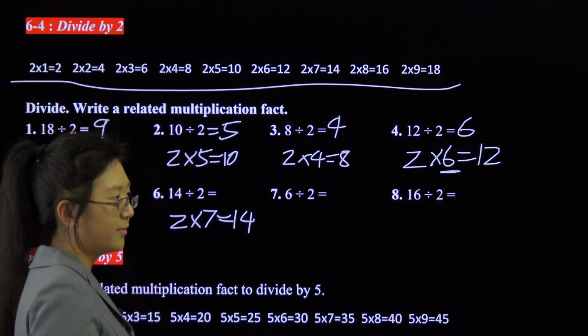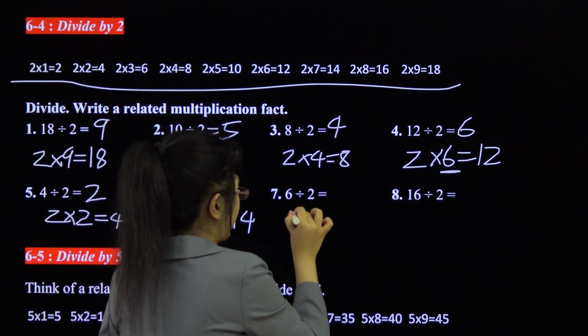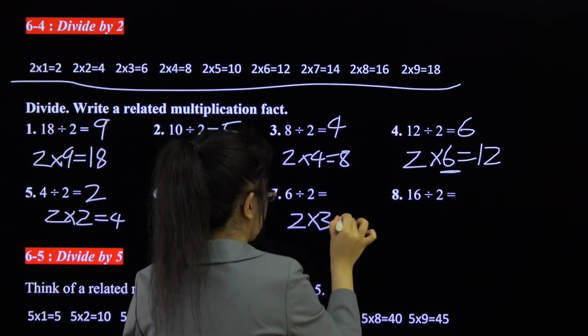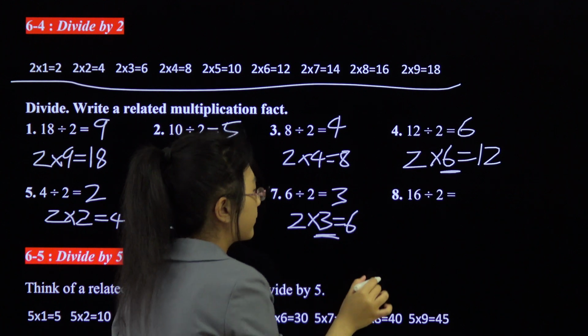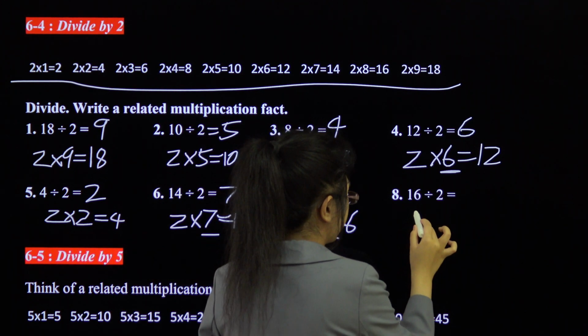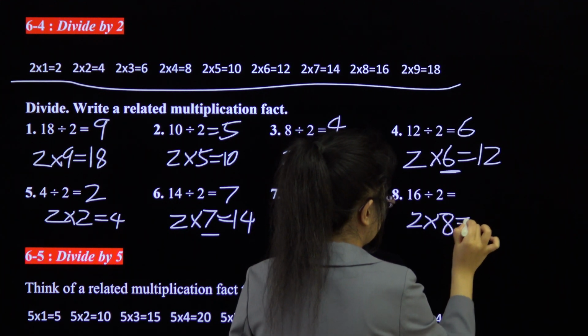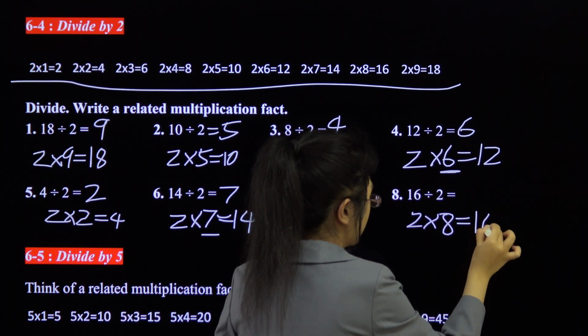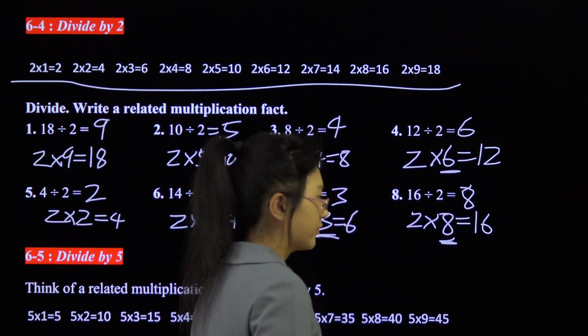So 14 divided by 2 equals 7. 6 divided by 2. 2 times 3 equals 6. 6 divided by 2 equals 3. Last but not least, 16 divided by 2, 2 times 8 equals 16. So 16 divided by 2 is equal to 8.